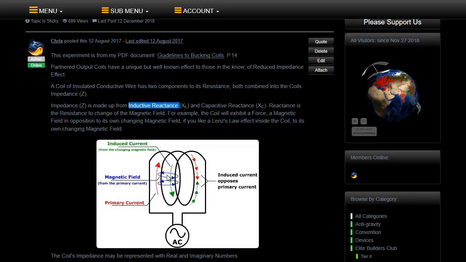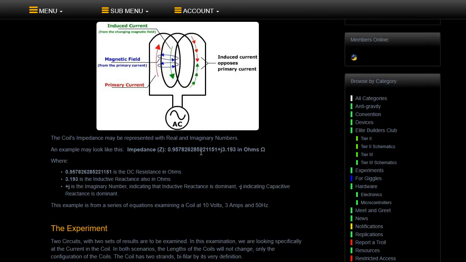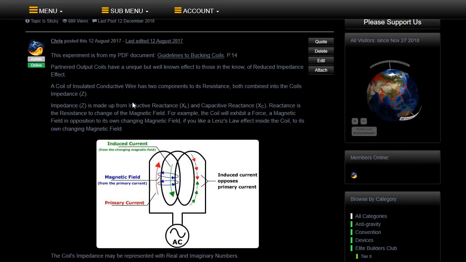Now, if you're able to somehow nullify the inductive reactance and capacitive reactance, to a point where the back EMF is either non-existent or helps you in an assistive way, then the coil can react very much faster to changing magnetic fields. And I show that experiment here.